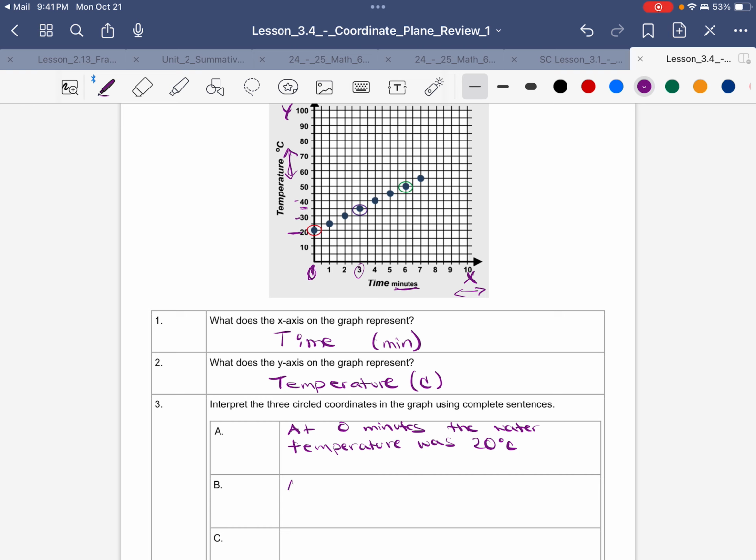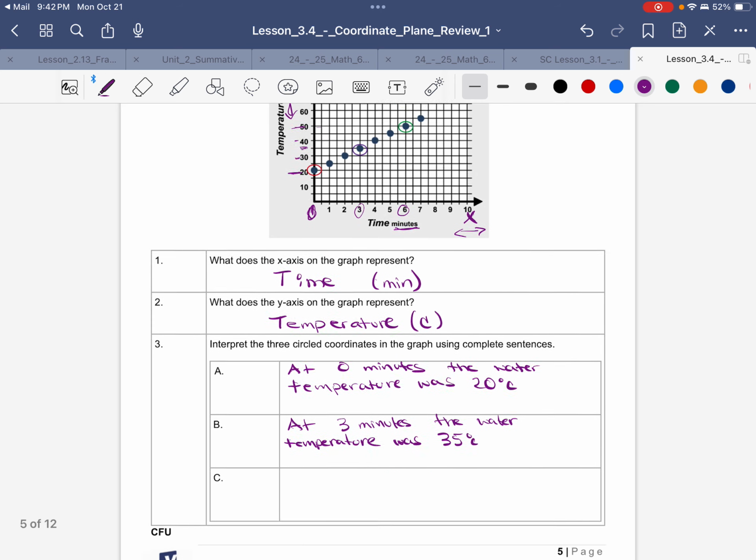So at 3 minutes, the water temperature was 35 degrees Celsius.